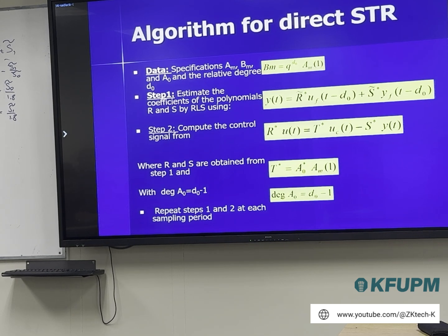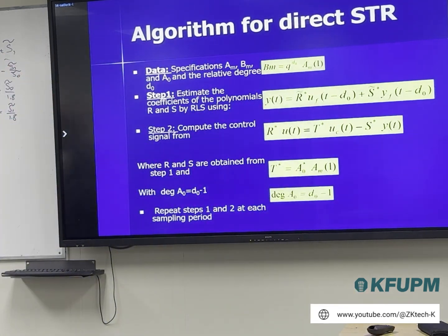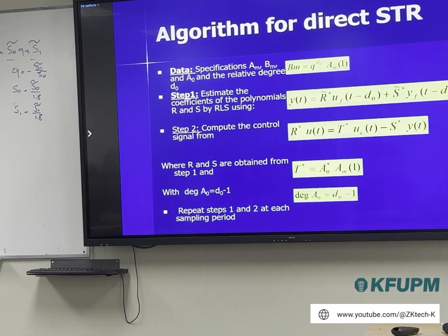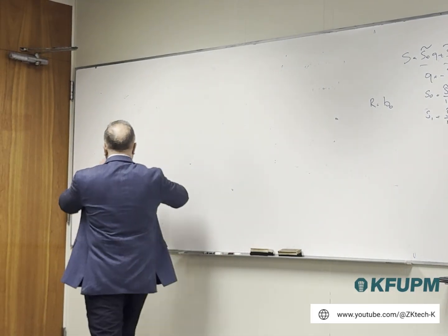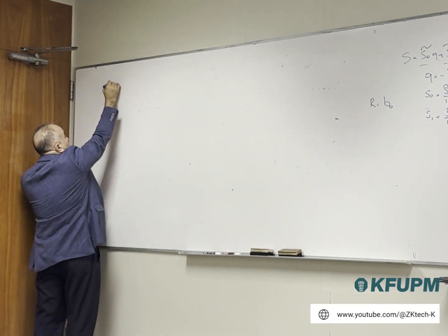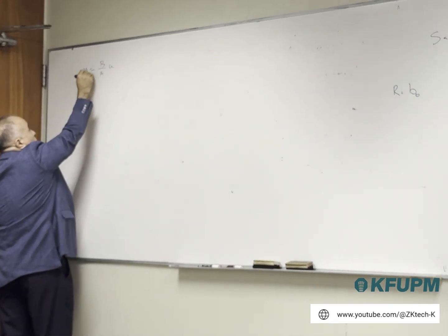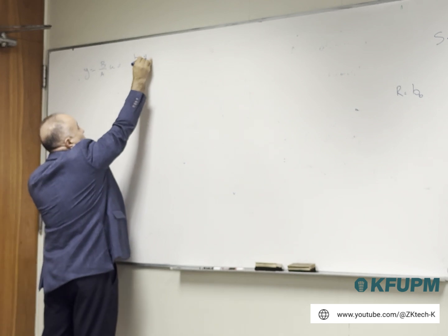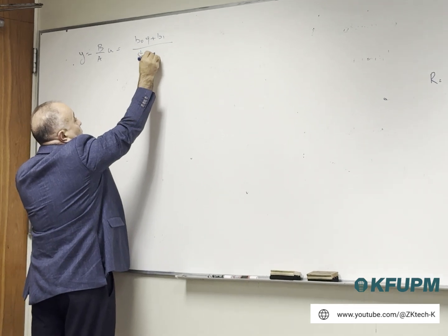Now I'm going to explain just the filter case. Basically, if you would like to take an example from A to Z, we can do it like this. Our system we started with is B over A times U, and we selected this as B0Q plus B1 divided by Q squared plus A1Q plus A0.